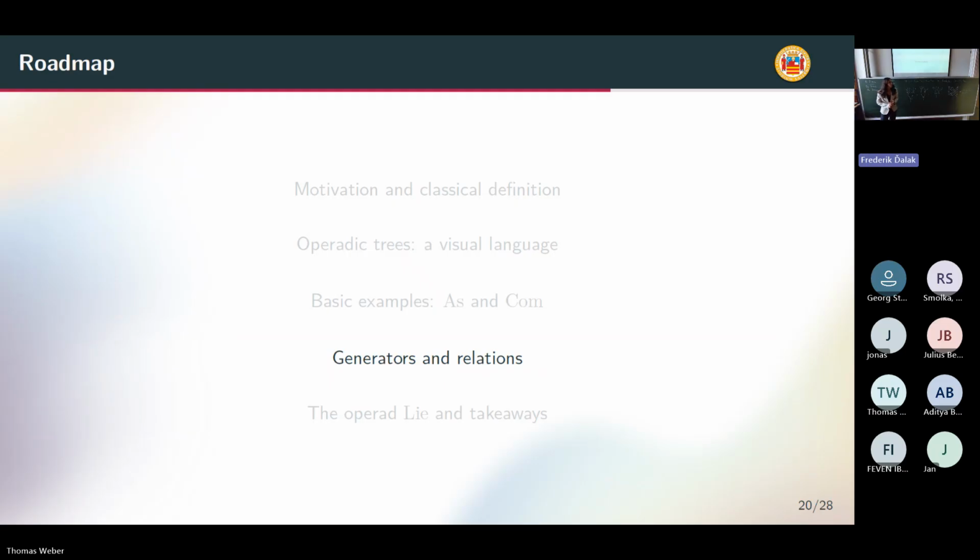And so the easiest way to define the third operad, the Lie operad, is by means of generators and relations, which are very powerful tools, and they are very similar to what we do in group theory. So I think you are familiar with them.